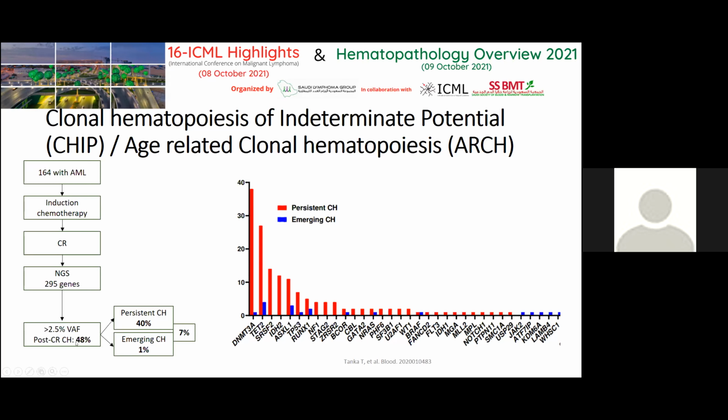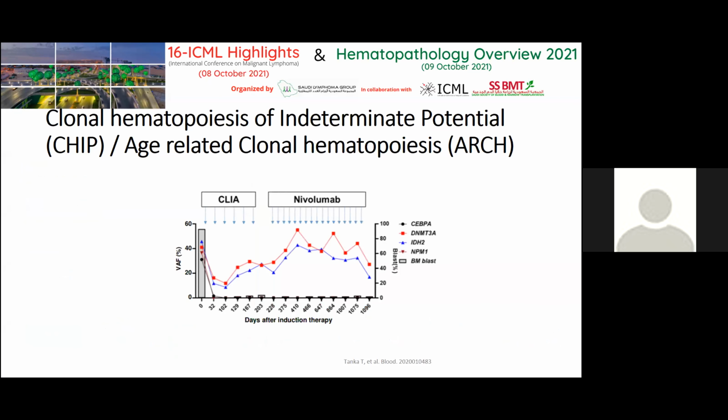So following induction chemotherapy, 48% had a post-CRCH, among which 40% had persistent pre-leukemic CH alone, and 1% had emerging CH alone, and around 7% had both.